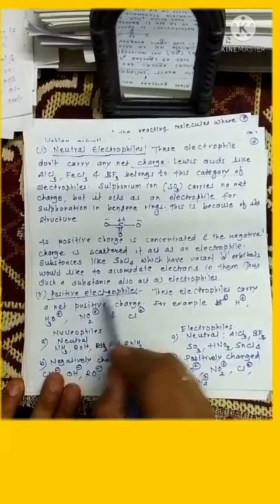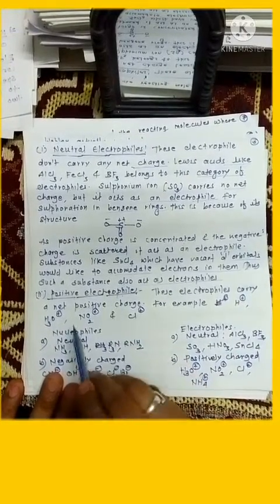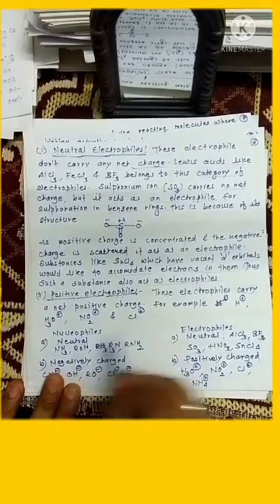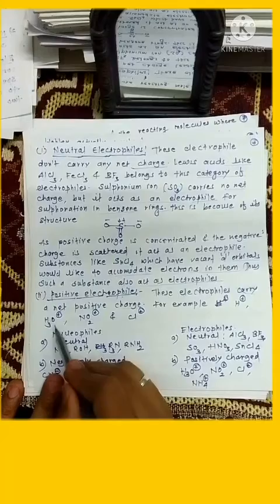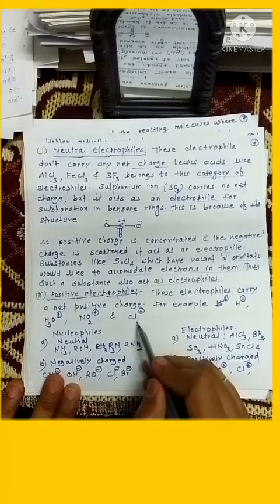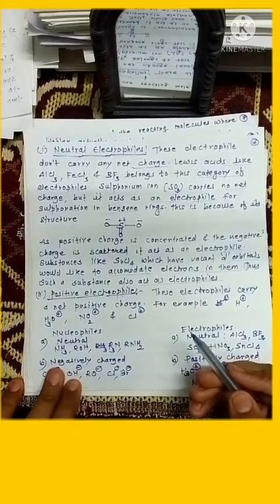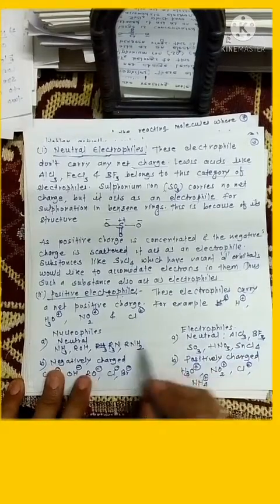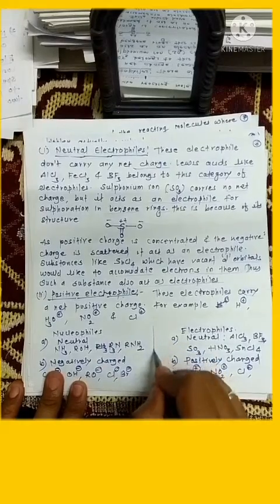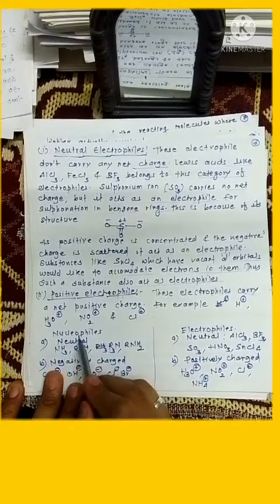Now we are going to see what is meant by positive electrophiles. These electrophiles carry a net positive charge. For example, H plus, H3O plus, NO2 plus and Cl plus. So just see, this is the table of nucleophiles.